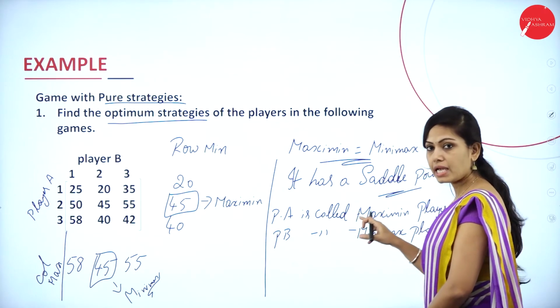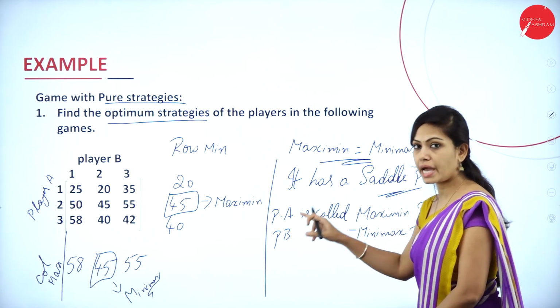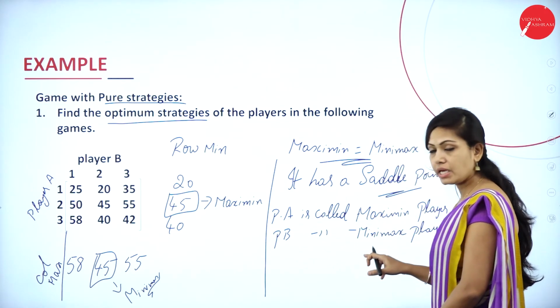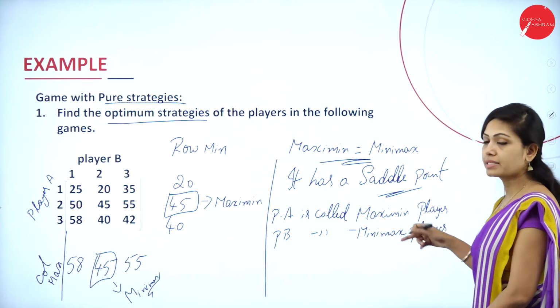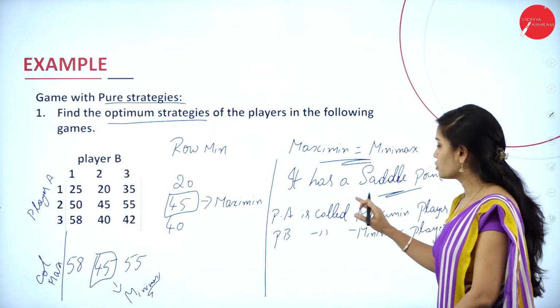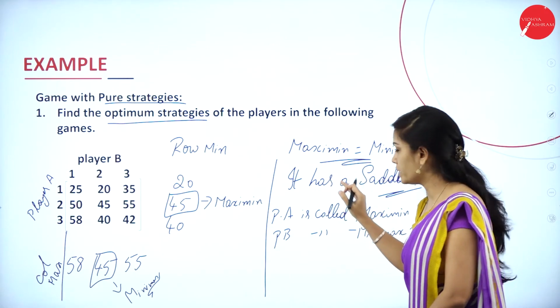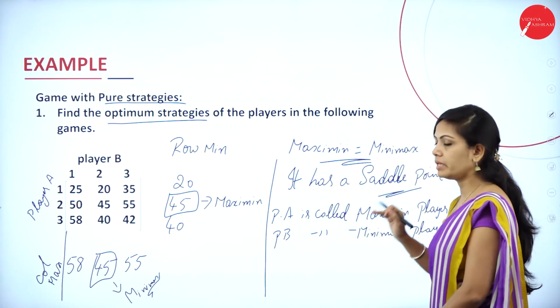That means player A is maximizing the minimum guaranteed gain and player B is minimizing the maximum loss. Clear? So this is about your saddle point and the maximin and minimax players.